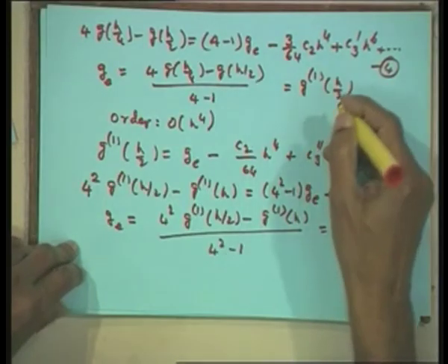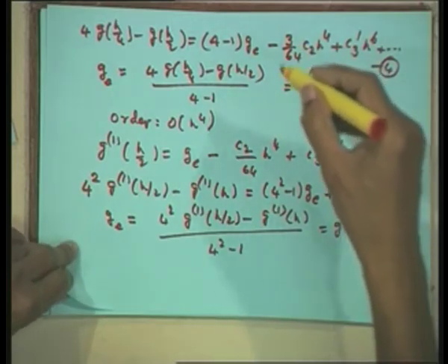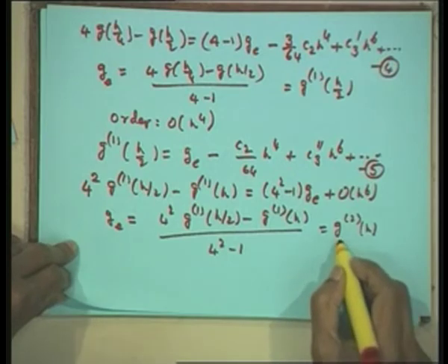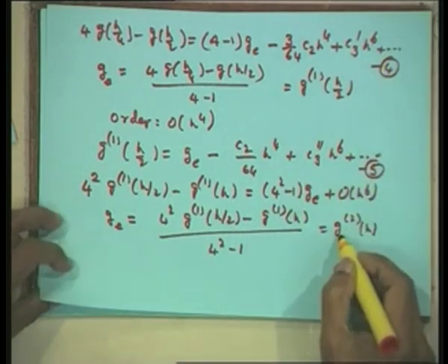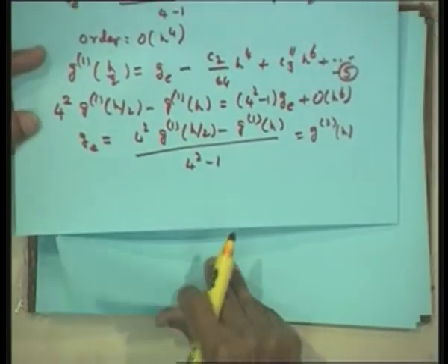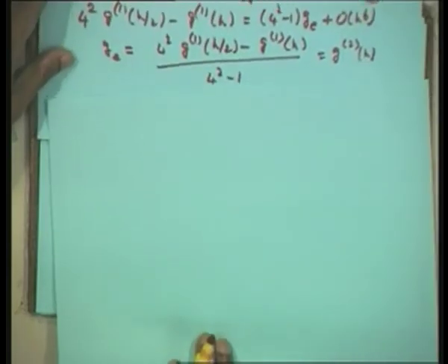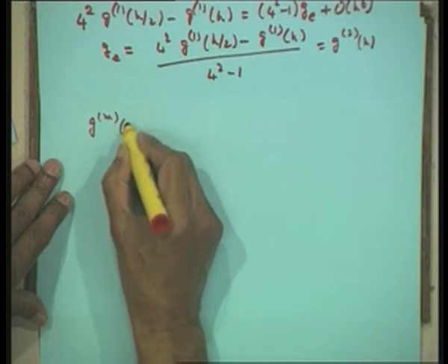Now, the previous two values have given us the first two elements of the second column of the extrapolation table. This gives me the first element of the third column of the extrapolation table. Now, I can continue this procedure and then arrive at the formula for G_m(h).